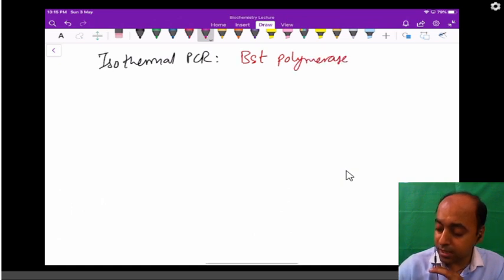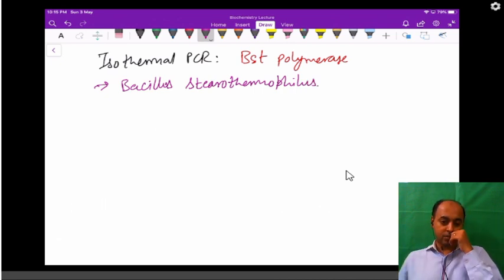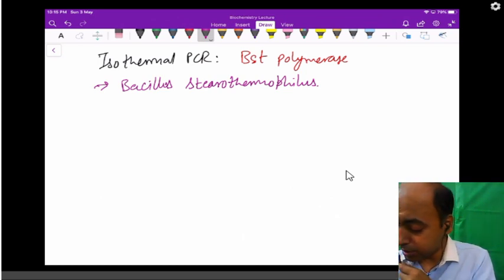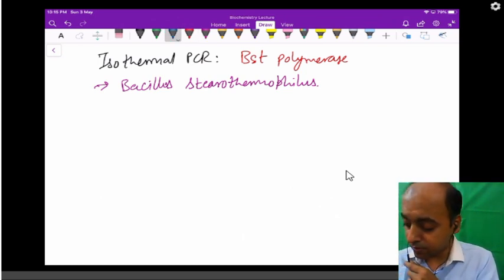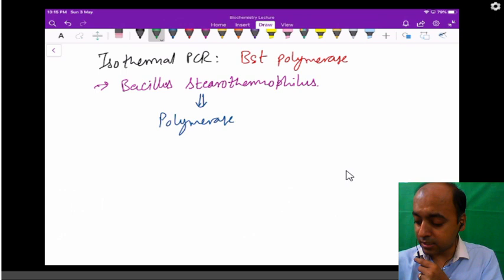The BST stands for Bacillus stearothermophilus, and the polymerase from this has a very unique property.